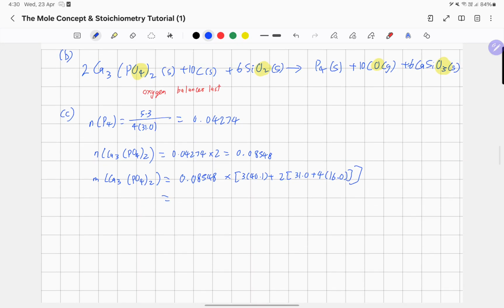So this will have been 26.52 grams. And then we're going to calculate the percentage purity.